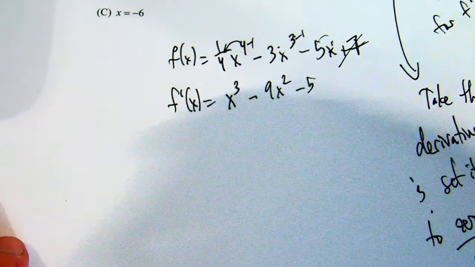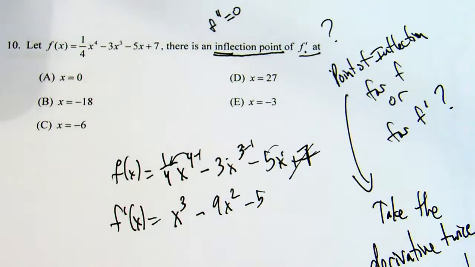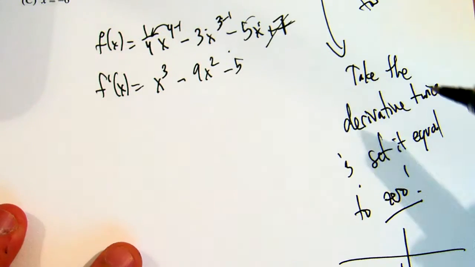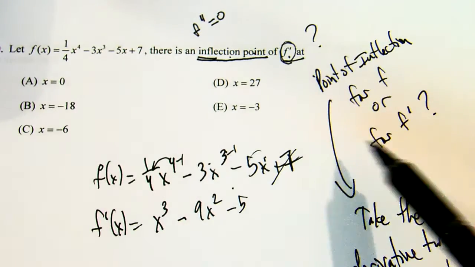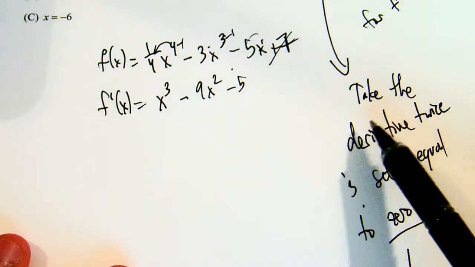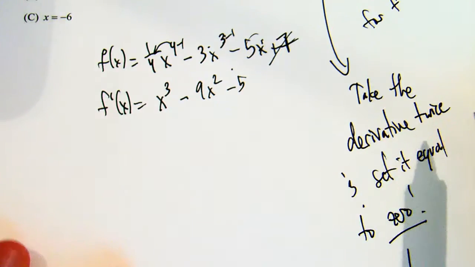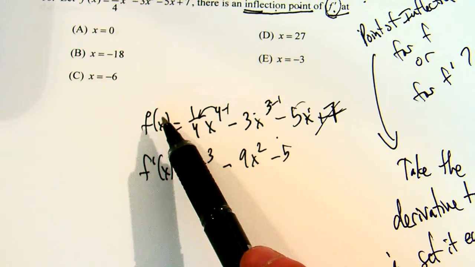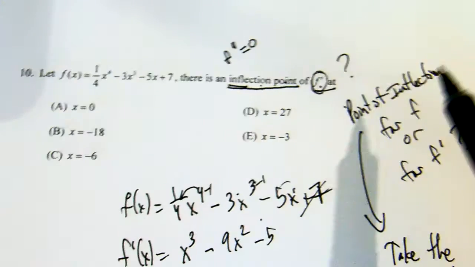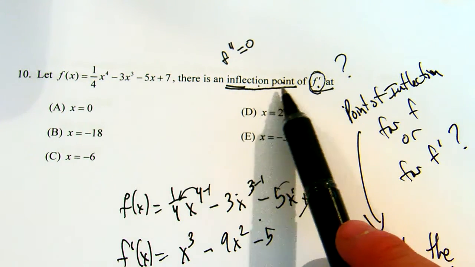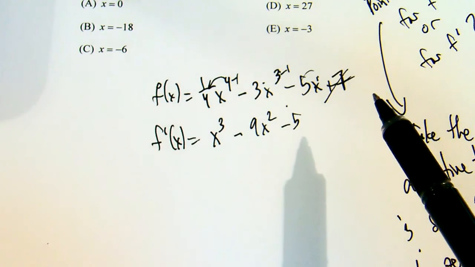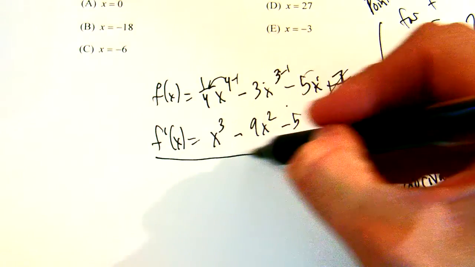Now note, I want to find the point of inflection of f prime, not f. So to find the point of inflection, I need to take the derivative twice. Of which one? Did it ask me for the point of inflection of f or f prime? It asked me for the point of inflection of f prime, which means I need to take the second derivative of f prime.